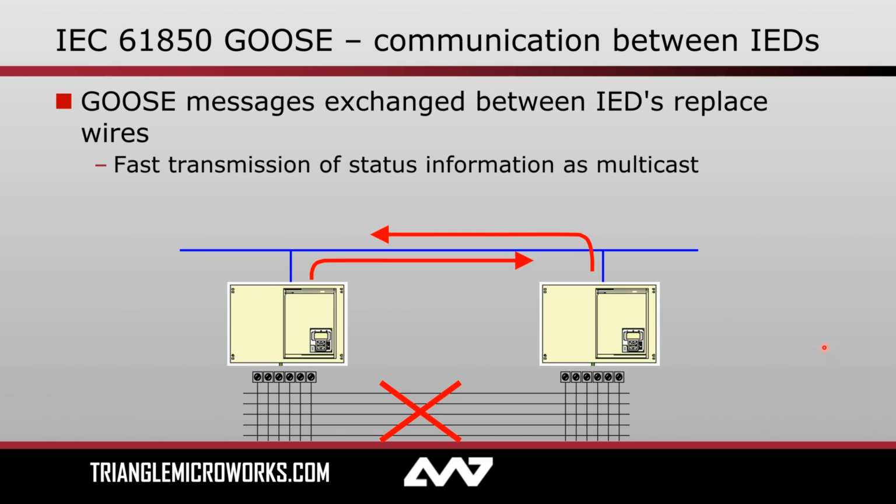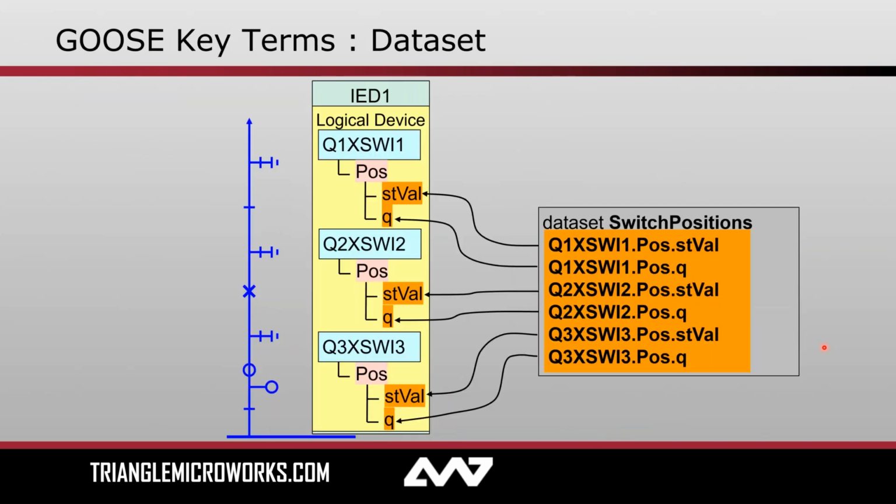Now, much like we had with our client-server communications, we still are going to have a data set with GOOSE, but typically we're going to build our own data sets for GOOSE and not necessarily the same data set used for both. And that's because it's not always going to be the same information that we need for our protection and control algorithms as we do for our supervisory stuff. So typically when we're building a data set for GOOSE, we're going to have our status value and quality.